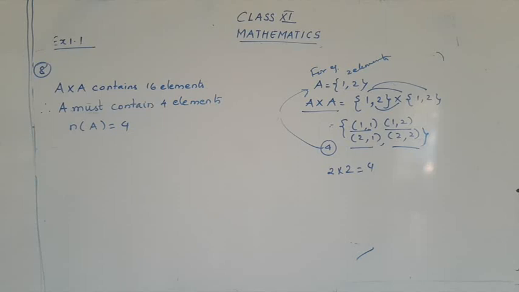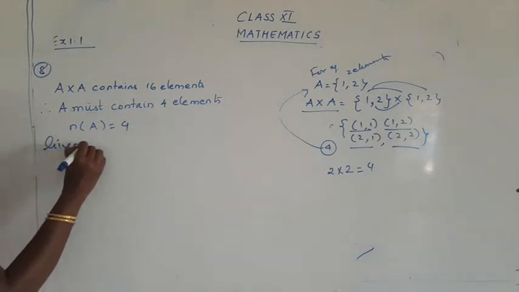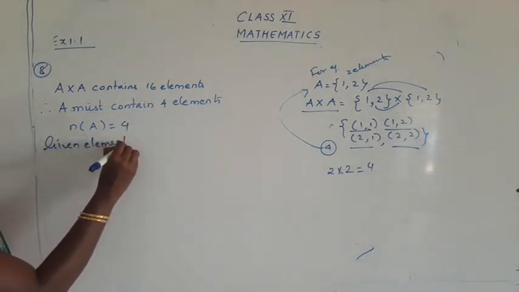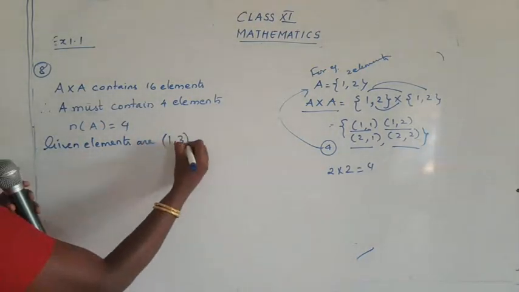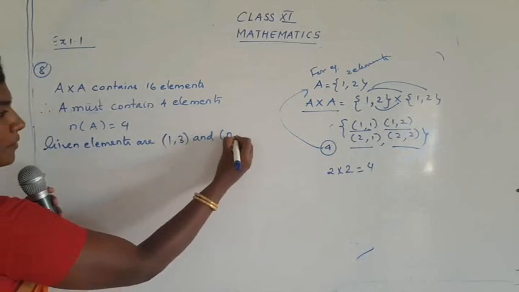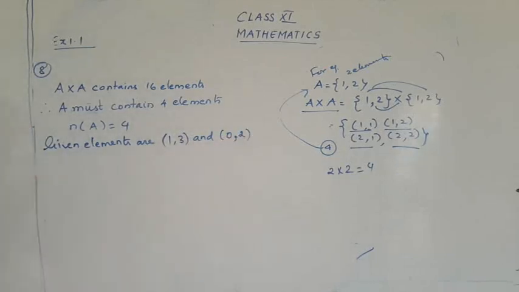Now, some elements are given to you. The given elements are (1, 3) and (0, 2). These are already given in the question.